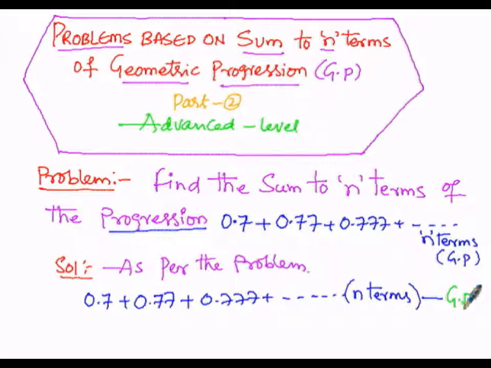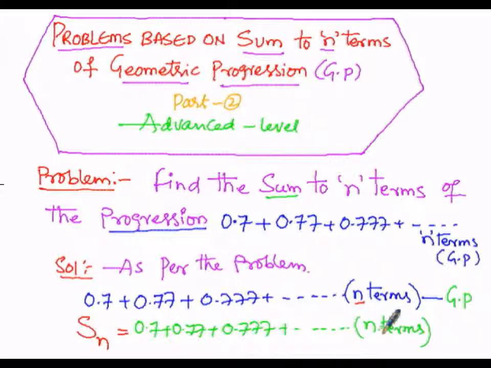Here we have the first term plus the second term plus the third term up to n terms. So here plus indicates the sum, which is denoted by capital S. We are adding up n terms, so we can write it as S of n. So the sum of n terms is given by 0.7 plus 0.77 plus 0.777 plus dash dash up to n terms.